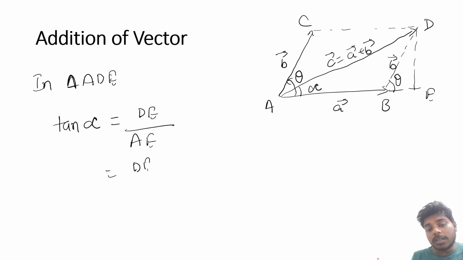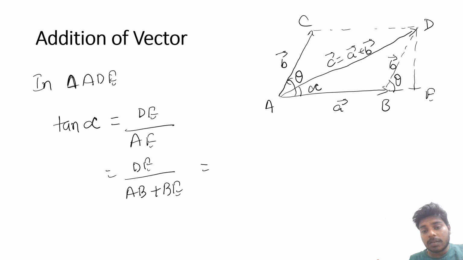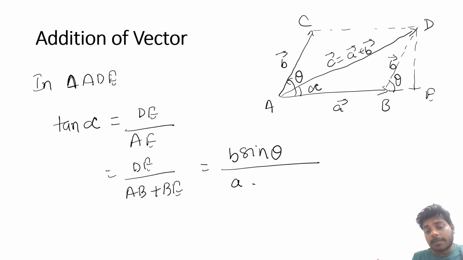What is DE upon AE? Means AB plus BE. We know that DE is B sin theta, and AB is A, since magnitude of A vector is A, and BE is B cos theta.